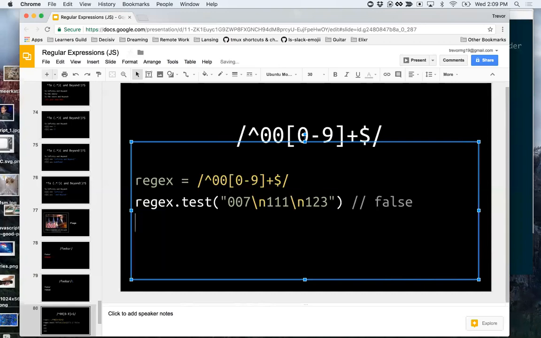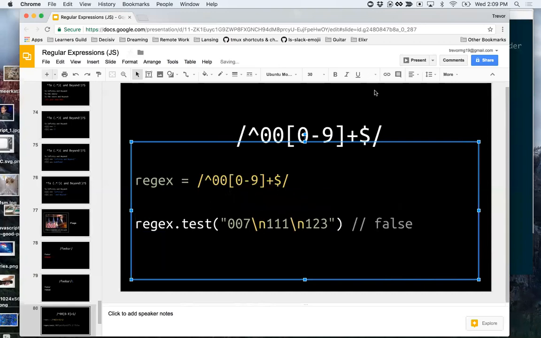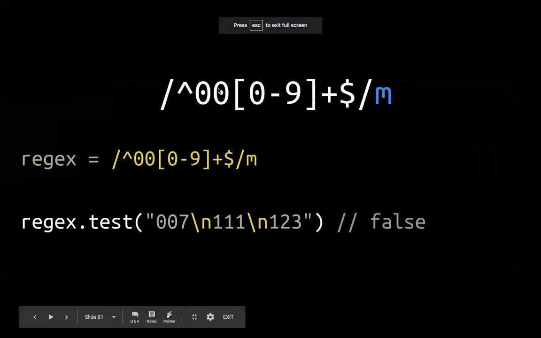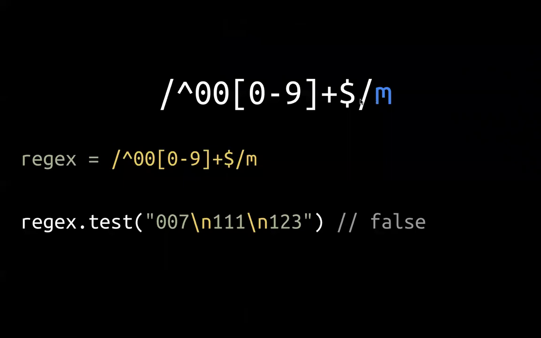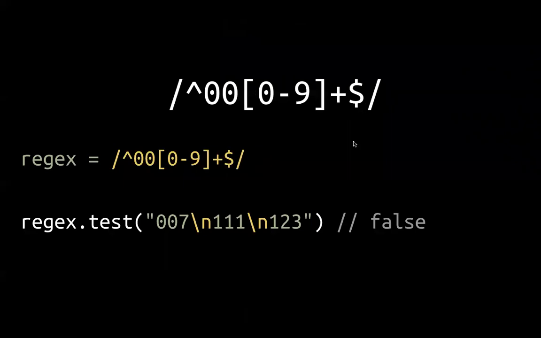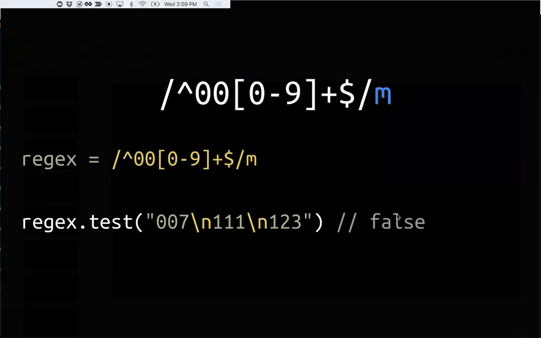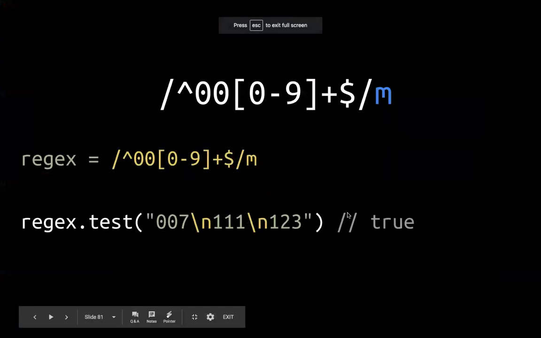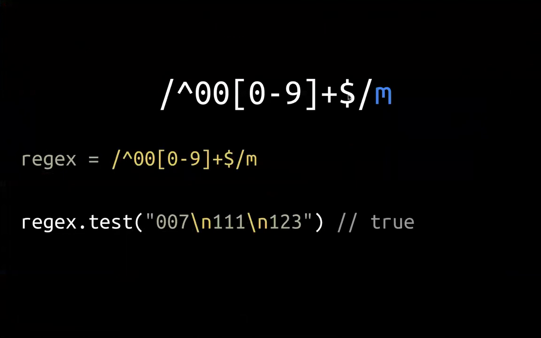And it turns out there's a flag called the M flag that will change our regular expression to be a multi-line regular expression, or it'll turn on multi-line mode, however you want to specify that. It'll change the way the regular expression is applied so that the $, instead of representing the end of the string, will just match the end of a line in the string.